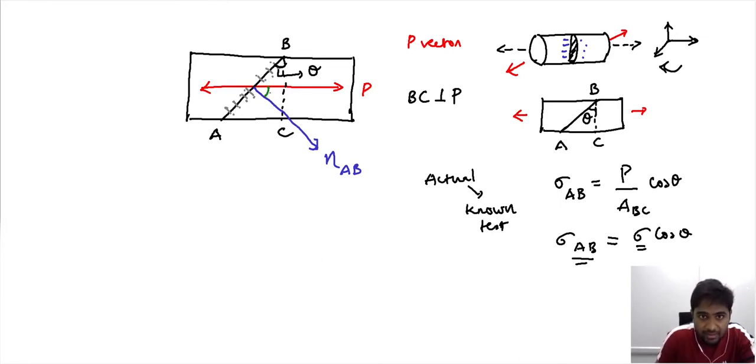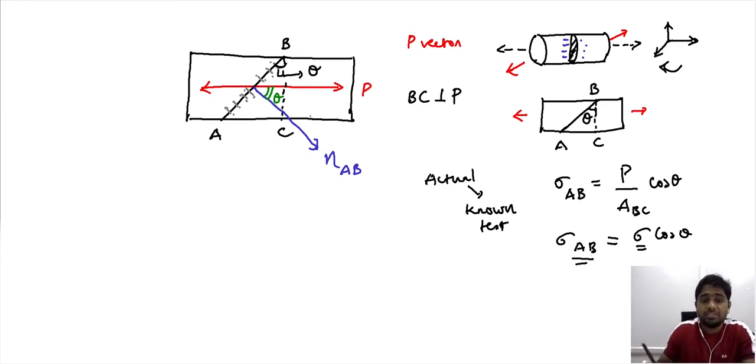This angle here that quantifies the inclination of the normal to the loading direction is also theta, which describes the inclination of the region of interest when compared to the area perpendicular to the loading direction. So the normal to our region of interest, when compared to the loading direction, is inclined by an angle theta.